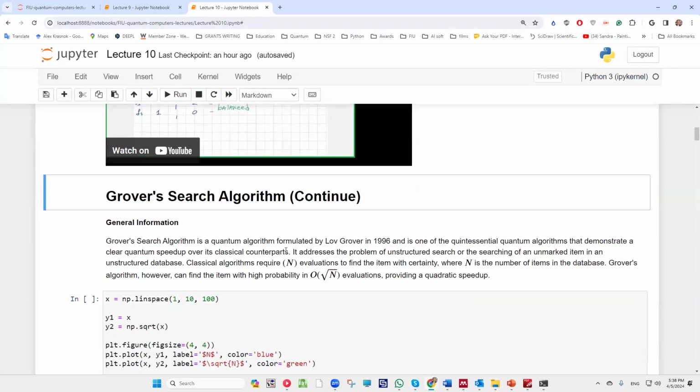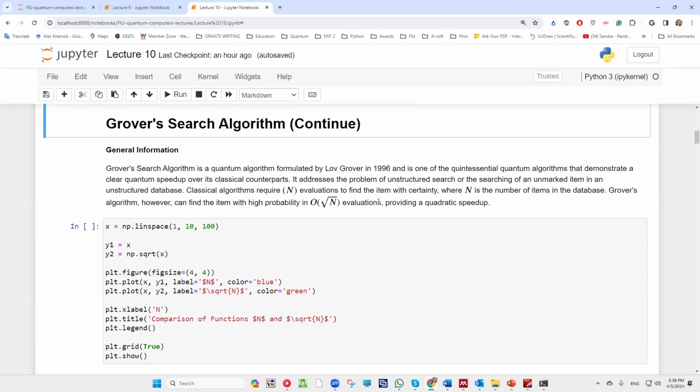So, the Grover search algorithm. I remind you of the purpose of the Grover search algorithm. This algorithm intends basically to speed up the blind search in a non-structured list of elements.